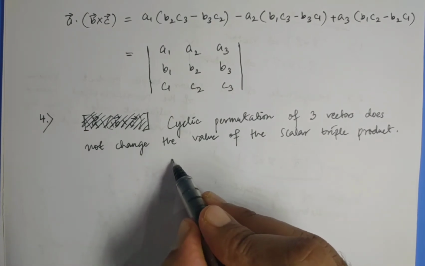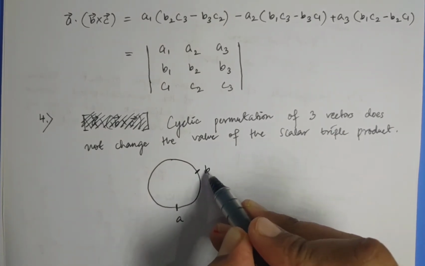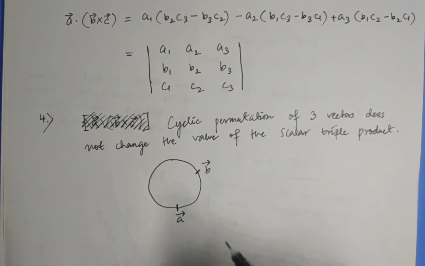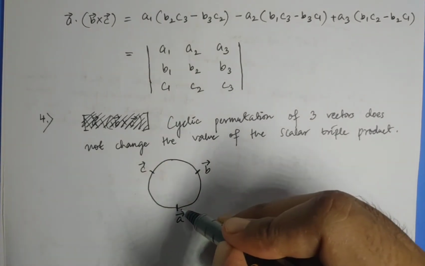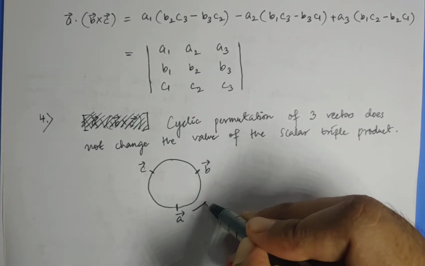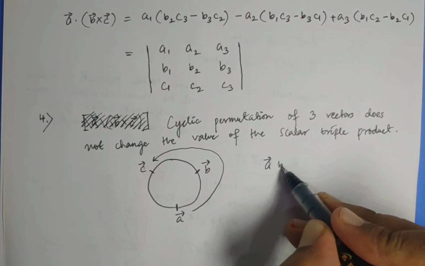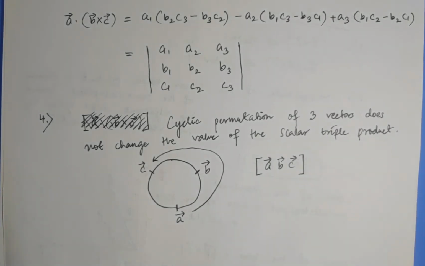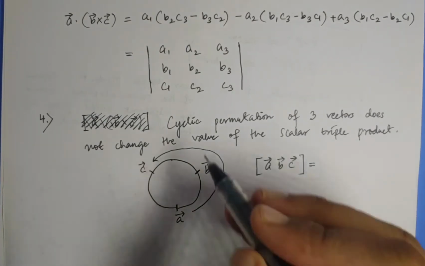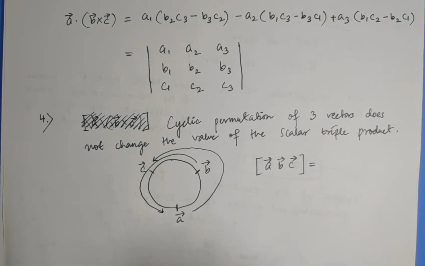So it says, suppose I have a cycle like this. We have A in here, we have B in here, let's write this as vectors, and we have C in here, right? Now if I take A, B, C, so we are moving in what? Anti-clockwise direction, right? So the scalar triple product of A, B, C will be equal to B, C, A. It's the same anti-clockwise direction we are moving.